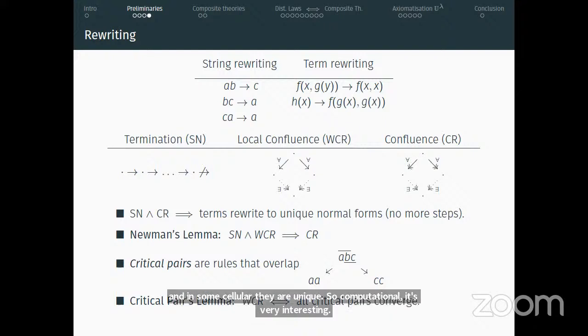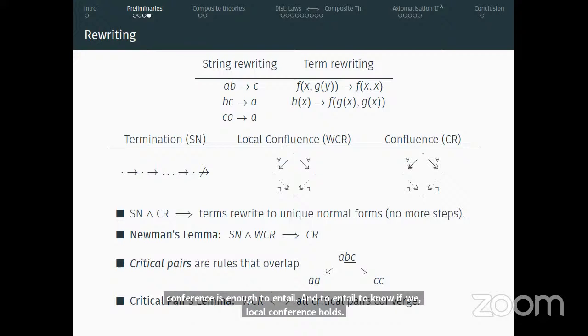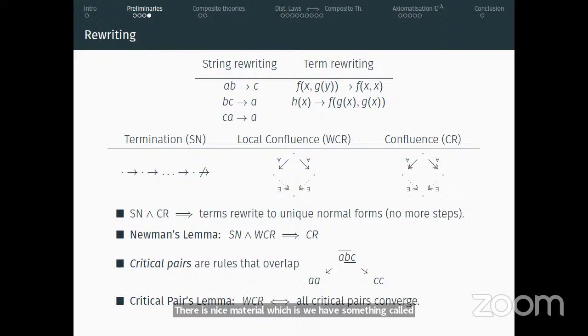Here are two main results that tell you how to derive those properties. Confluence is sometimes very hard to establish, but thankfully there is Newman's lemma, which tells you that if you have termination, then local confluence is enough to entail global confluence. To know if local confluence holds, there is a nice criterion using critical pairs, which are basically all the culprits where local confluence could fail.